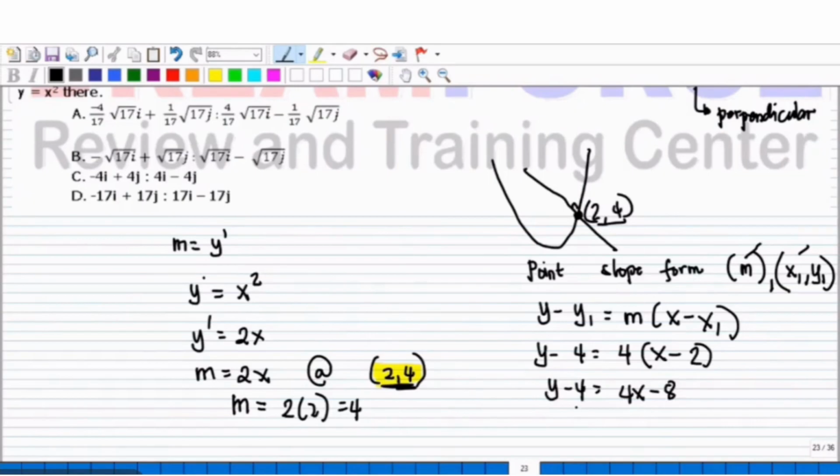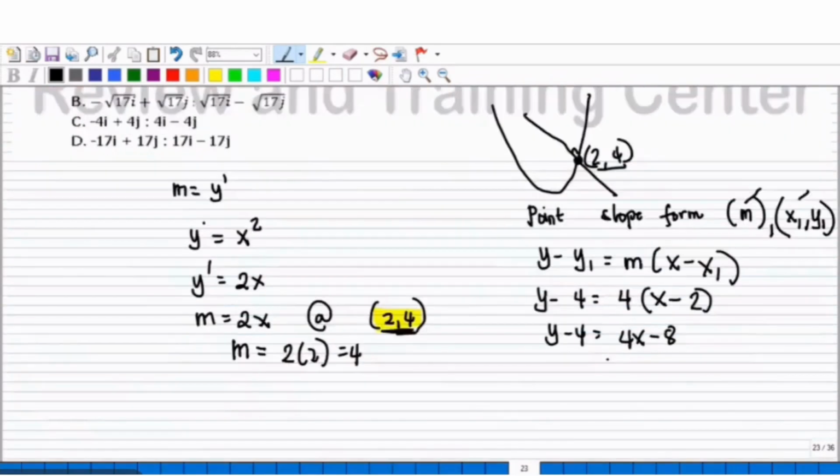Okay, so therefore, ano gagawin natin dito? Transpose lang natin. Okay, so itong 4x, nandiyan yan. So 4x po. Transpose na lang natin yung y sa kabila. So this is minus y. Then transpose natin yung 8 sa kabila. So this is positive 8 minus 4. So this is positive 4.